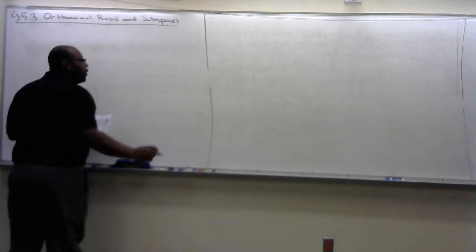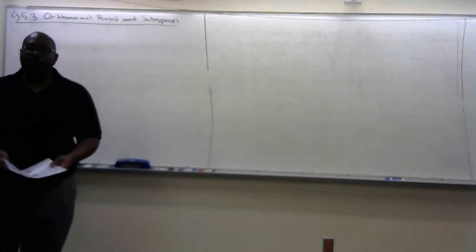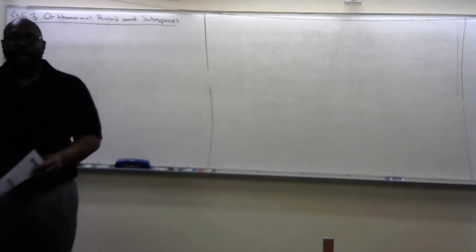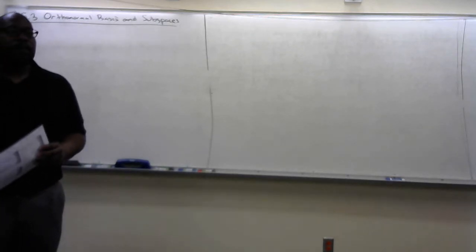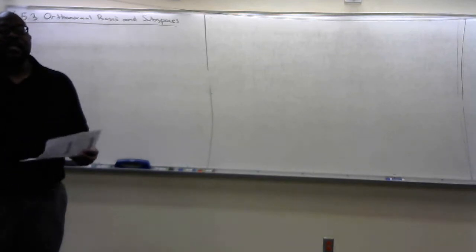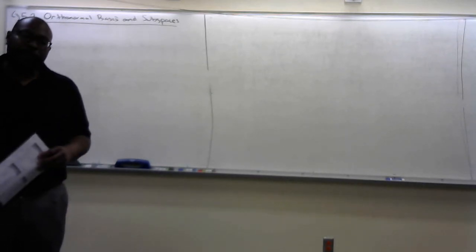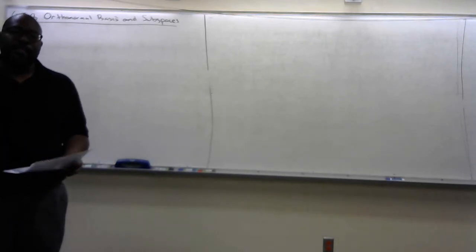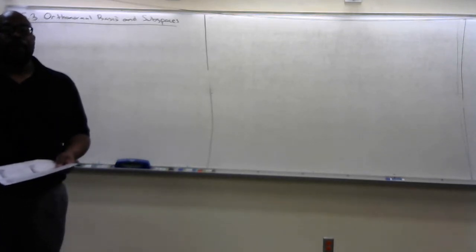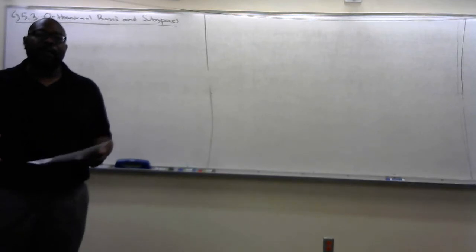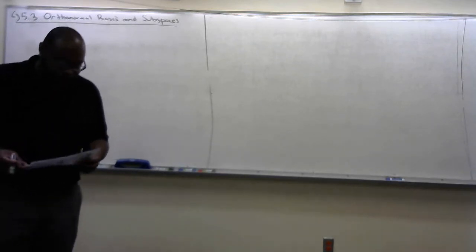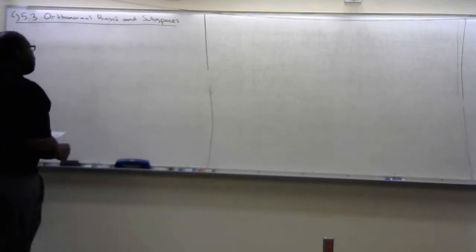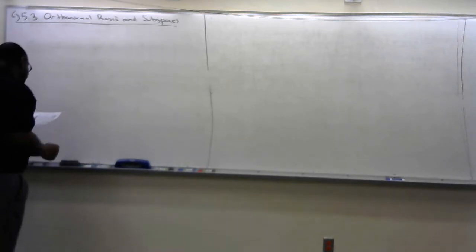Now, last week we introduced the concept of a basis. If you remember, we talked about what a basis is. We looked at the basis for a row space, column space, and null space. We figured out how to find a basis for any particular subspace, using the method of finding a basis for a row space. Now we're going to talk about orthogonal bases, so we need to give some definitions here.